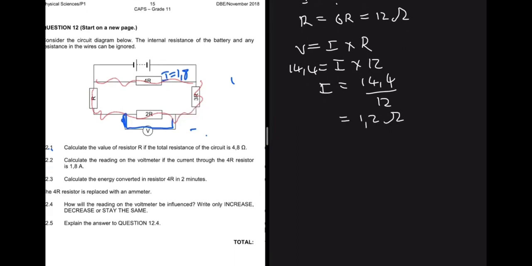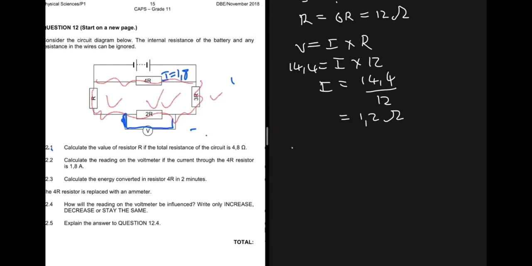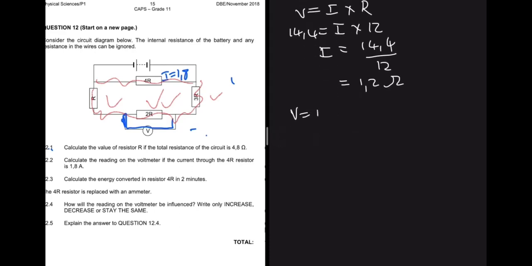So 3R, 2R, and R are in series with each other, so their current is the same. So the current being experienced by this 2R resistor is also 1.2. So we can say the reading on the voltmeter will be equal to I multiplied by R. What is I?